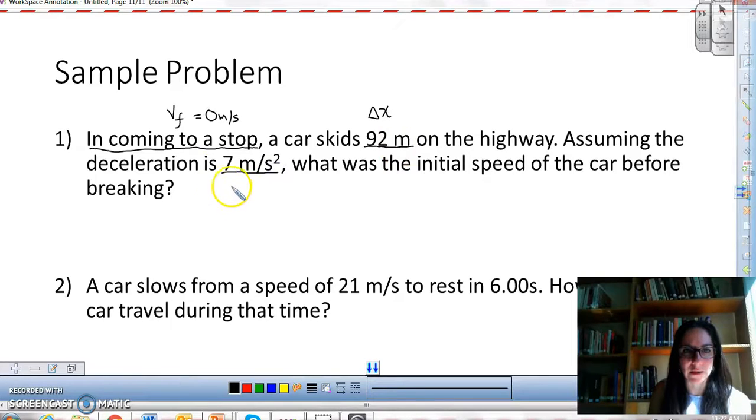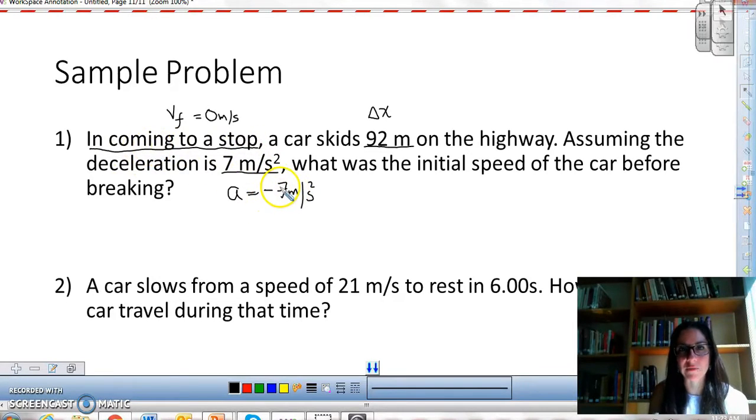Next, we have a deceleration, so it's slowing down. This represents an acceleration. But since it's going opposite, since we're slowing down, we have to throw in that sign. That's not always the case, but this is the case here. Again, the reason I'm throwing in the sign is because it's slowing down. It's moving forward and coming to a rest, so it's coming to a stop.